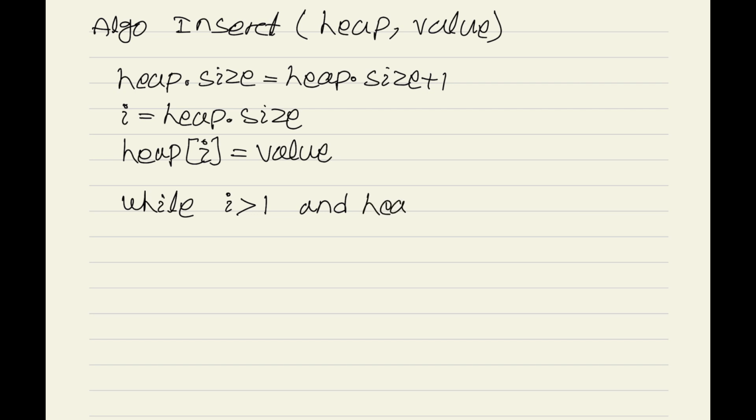So this I value greater than 1 means we have not reached at the root. So the root index is 1. So while I greater than 1, that means we have not reached at the root. So while I greater than 1 and heap of I greater than heap of I by 2 floor. That means if heap of I greater than heap of I by 2. So I by 2 means here the parent node.